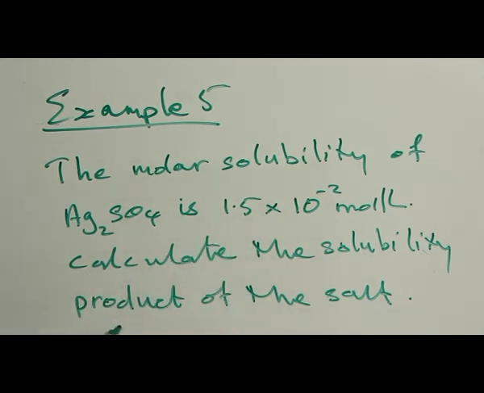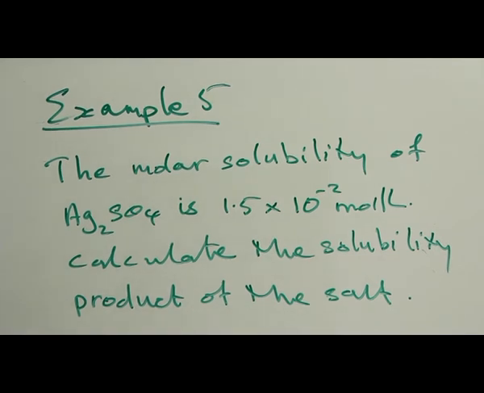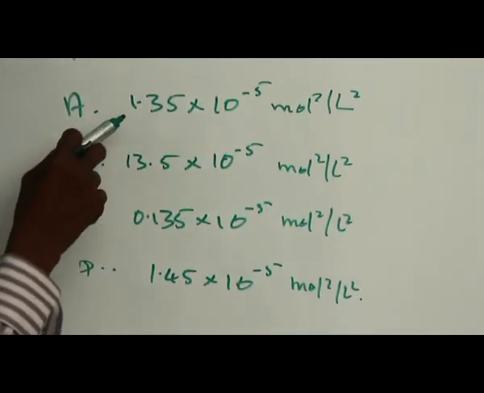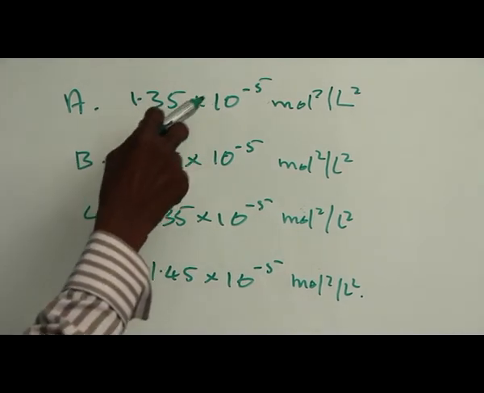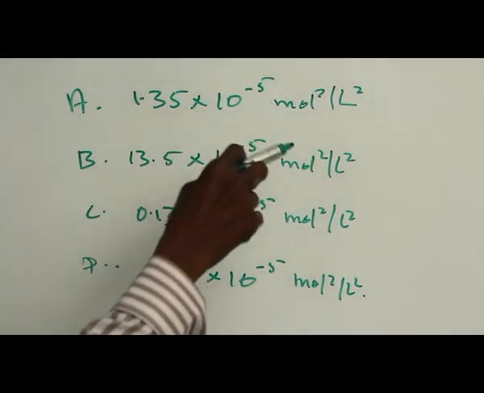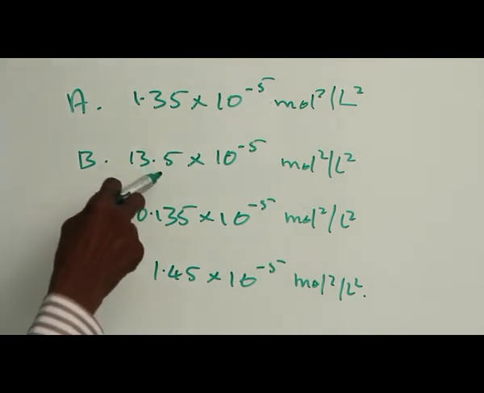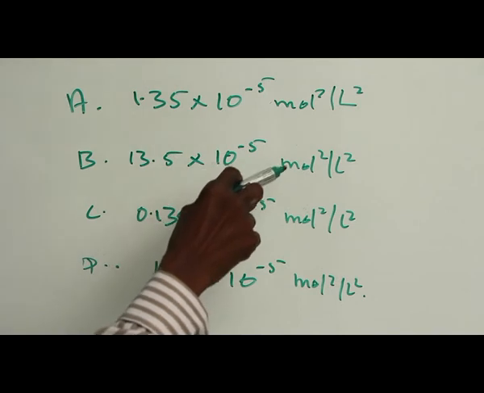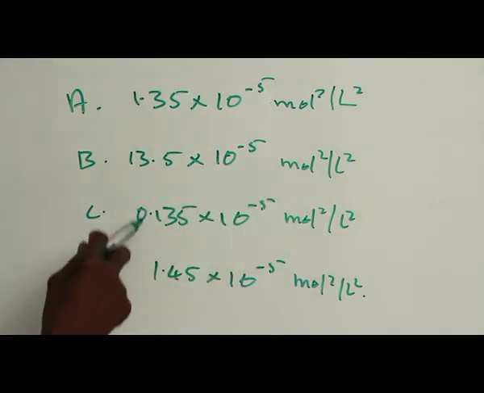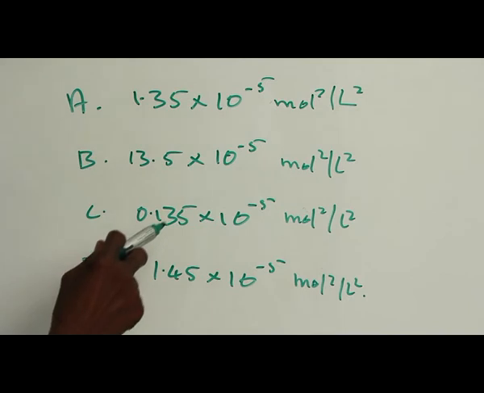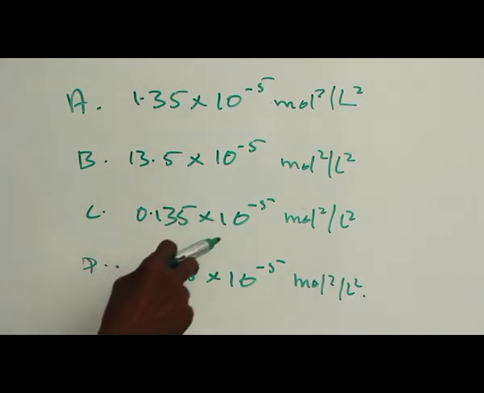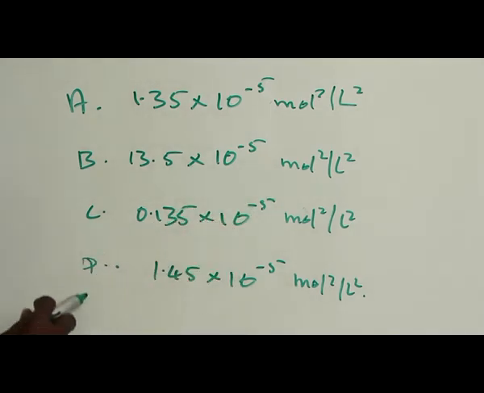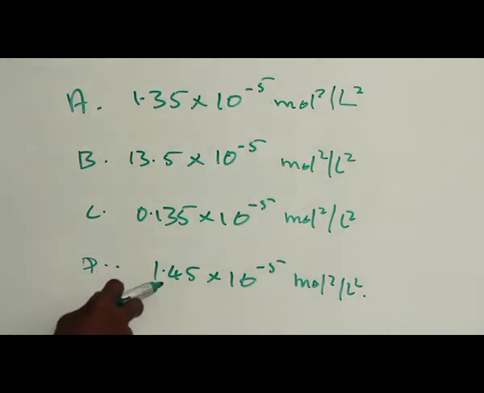Calculate the solubility product of the salt. We are given the options. A is 1.35 times 10 to the power minus 5 mole squared per liter squared. B, 13.5 multiplied by 10 to the power of minus 5 mole squared per liter squared. C, 0.135 times 10 to the power minus 5 mole squared per liter squared. And D, 1.45 times 10 to the power minus 5 mole squared per liter squared.